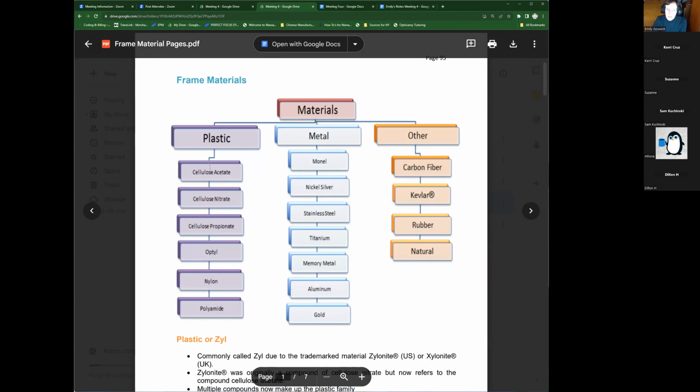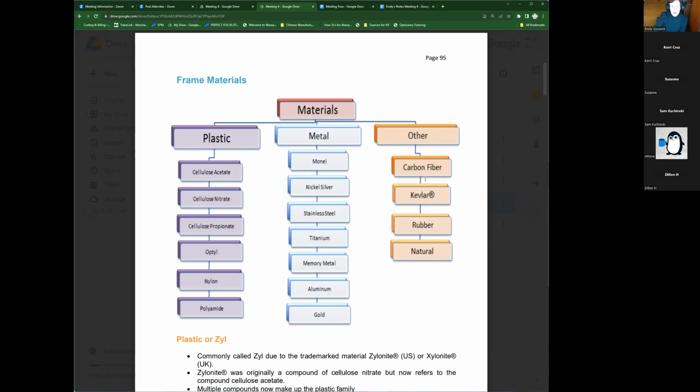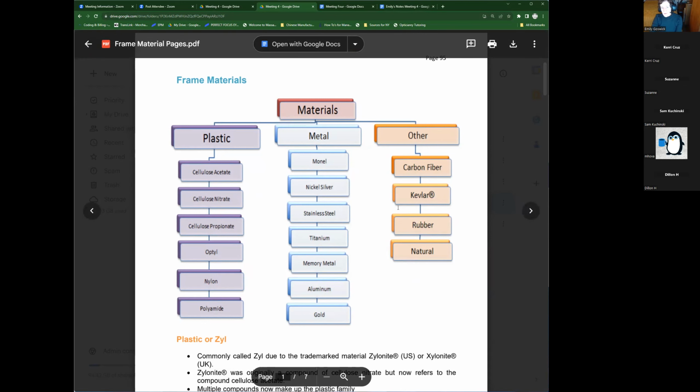I thought this was kind of a neat chart where they're telling you right away what the typical materials are, what's plastic, what's metal, and what are the other materials. I don't know if you guys have seen much carbon fiber or other stuff that we really have in the offices that would fall into the other categories.